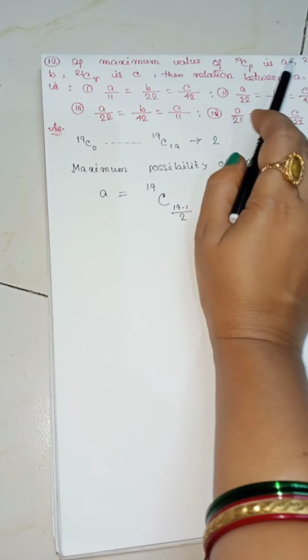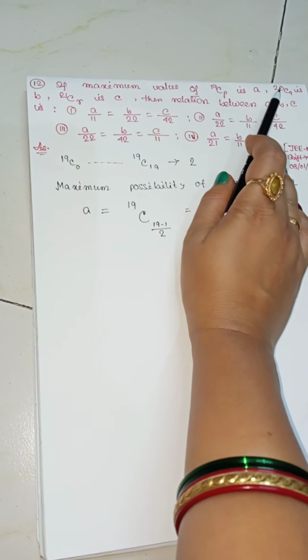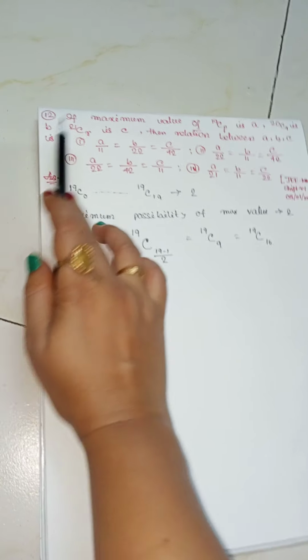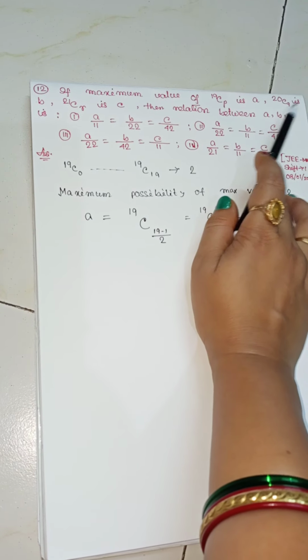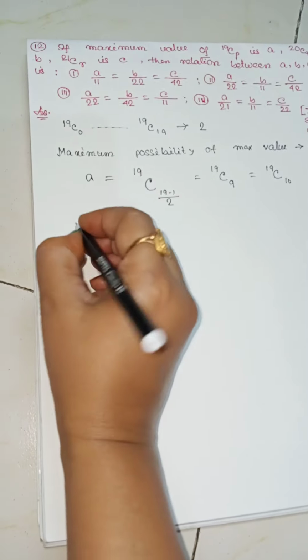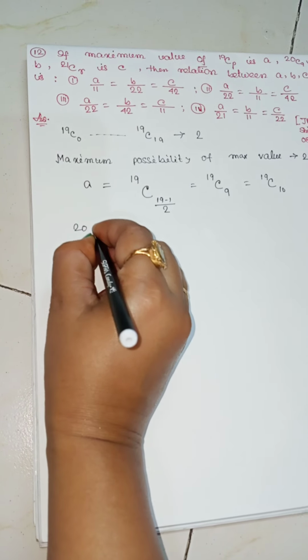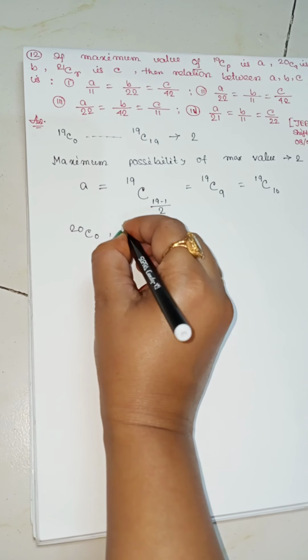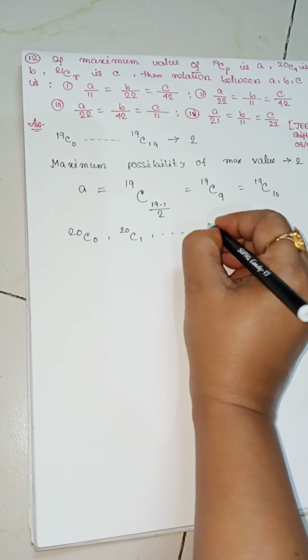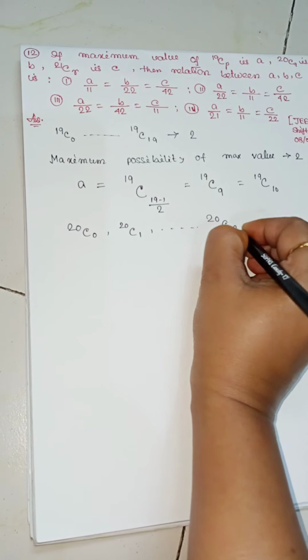Now secondly, the second condition gives 20CQ is B, the maximum value of 20CQ. So again suppose the series 20C0, 20C1, up to 20C20.